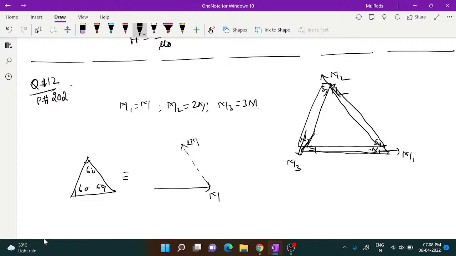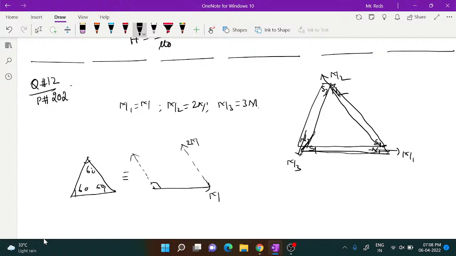To find the resultant of these two, you have to shift the second vector without changing its magnitude and direction, so that the tails of both coincide.